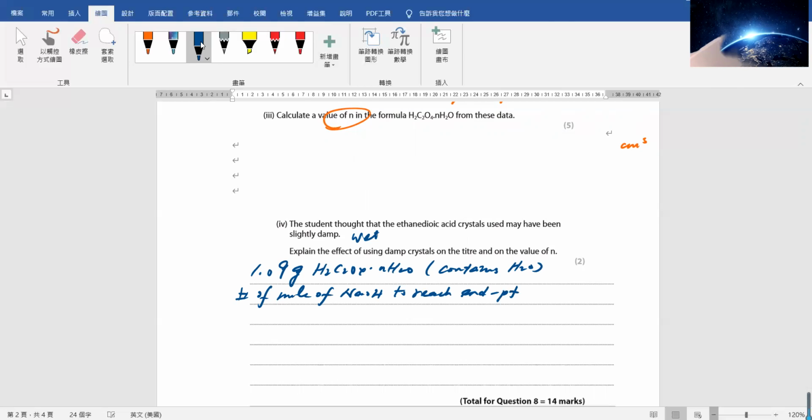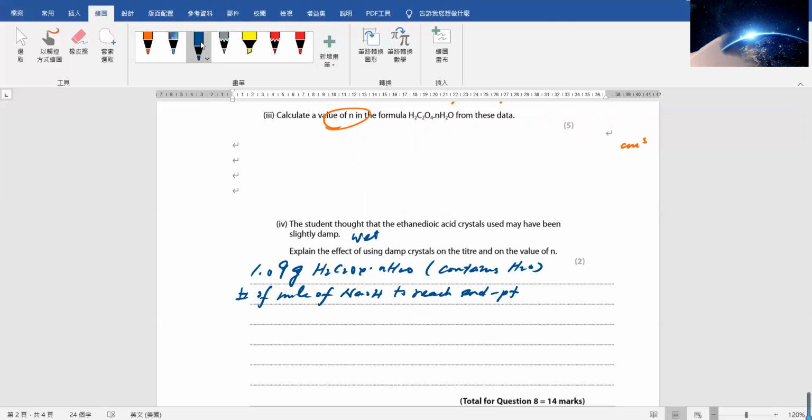Of course, will be more than the actual one, right? Because we think that 1.09 gram is a pure acid crystal, but in fact, part of the water contributes to the mass. So which means you need more sodium hydroxide to reach the endpoint, right?